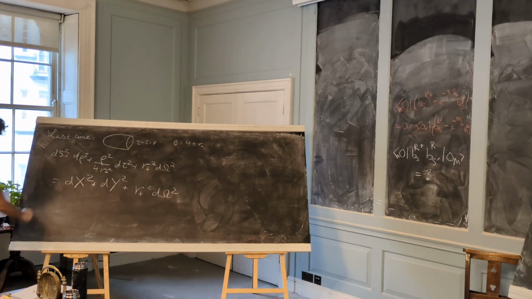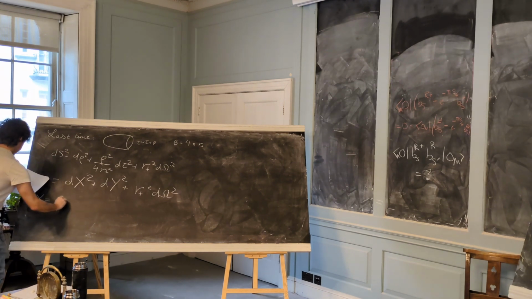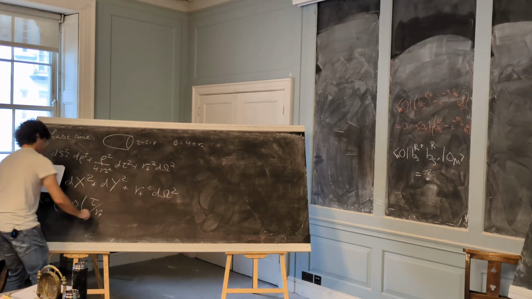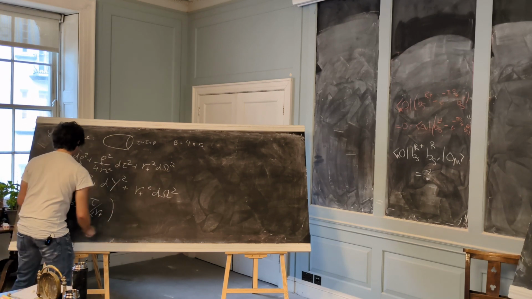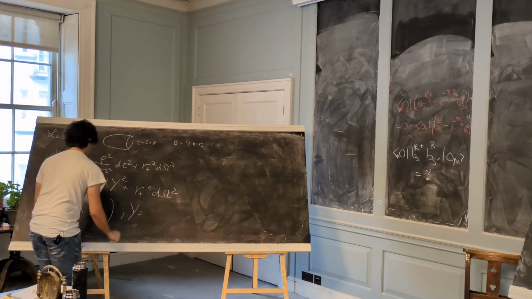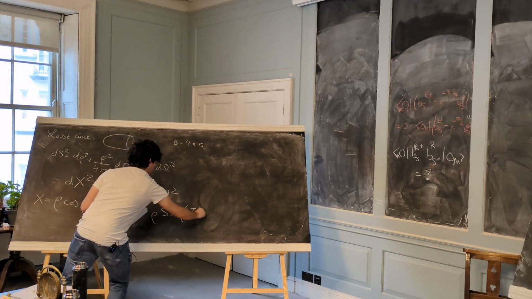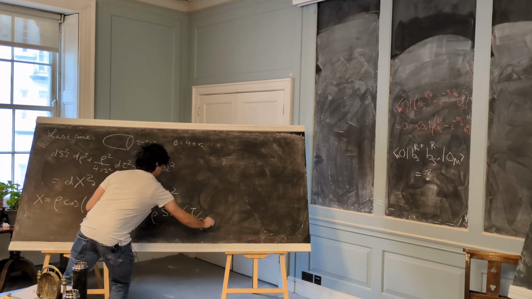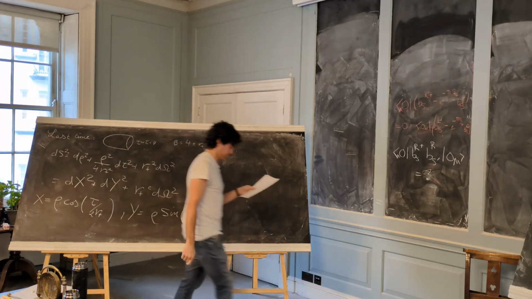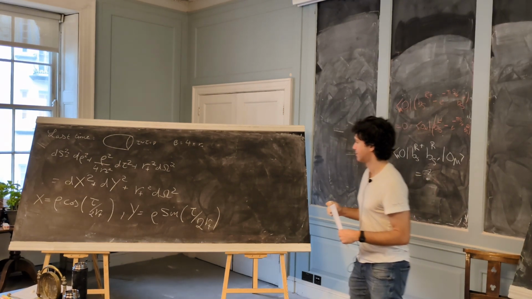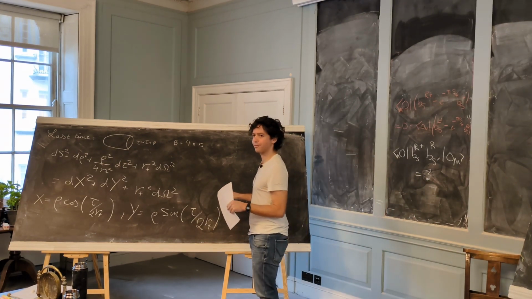And my Cartesian system is very simple to write down. Should not come as any surprise to you if I write it like this. Everybody is happy with that?